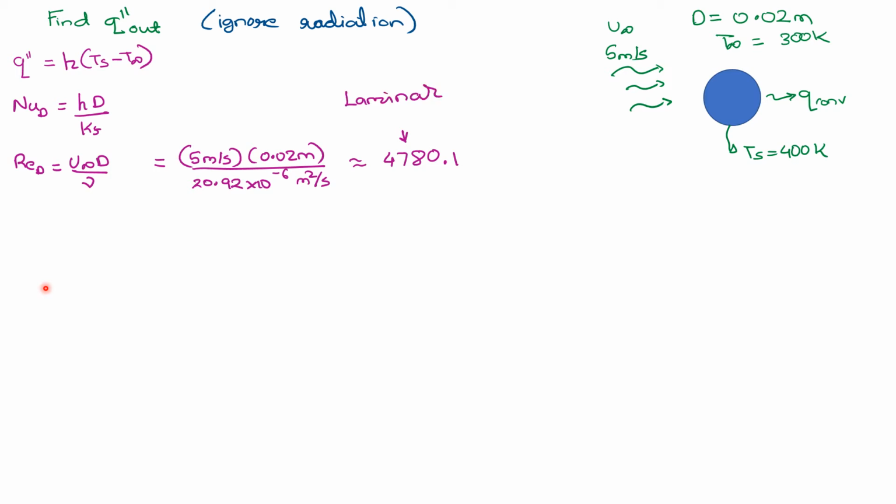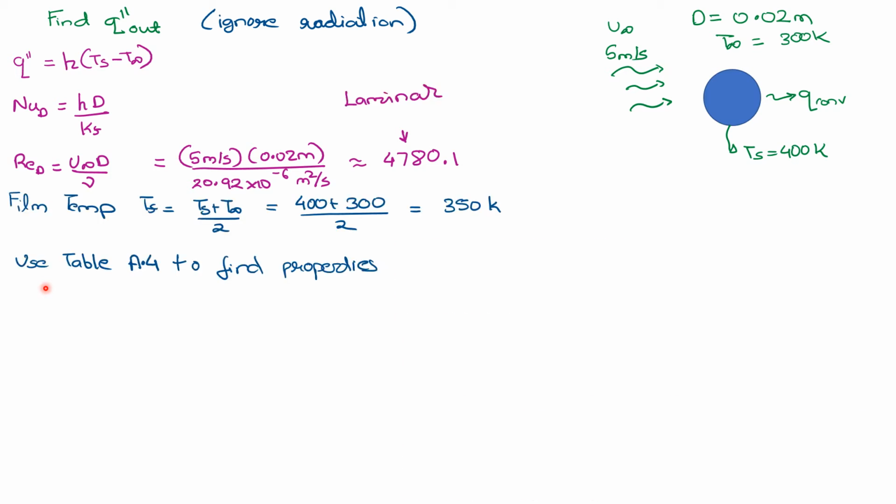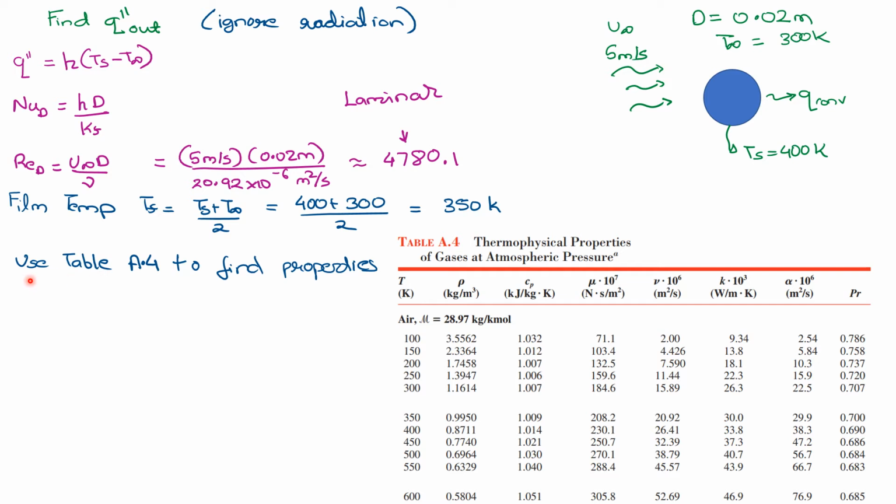So what we do is use a table. First, we will calculate the film temperature Tf. Our film temperature Tf will be the average of the surface and surrounding temperature, which will be 350 Kelvin in our case. We'll calculate all the properties at this temperature.